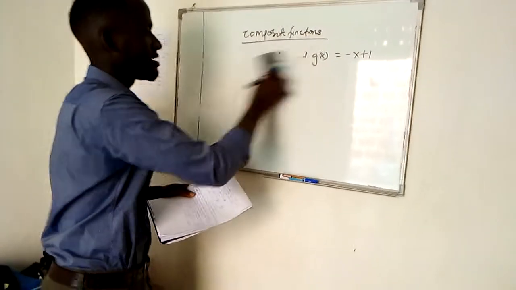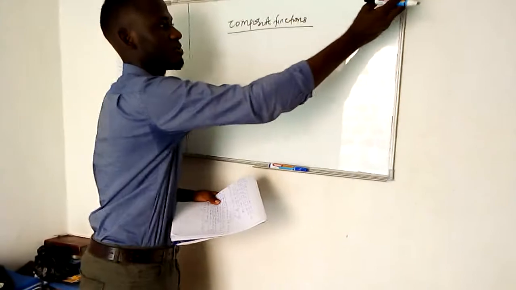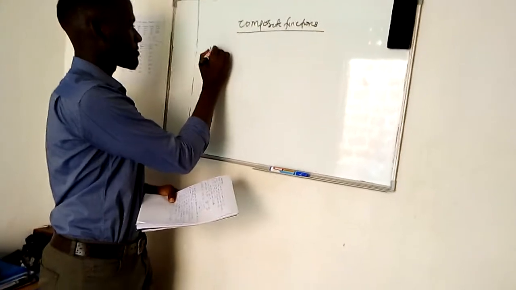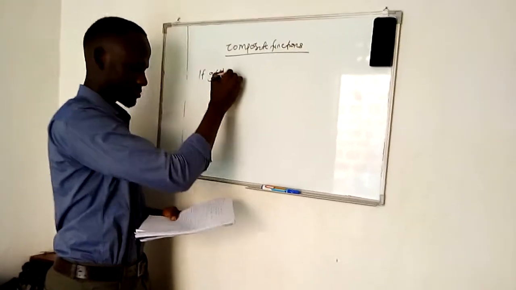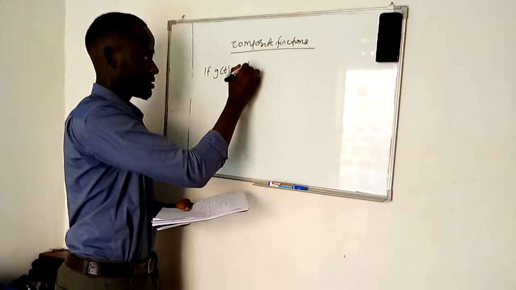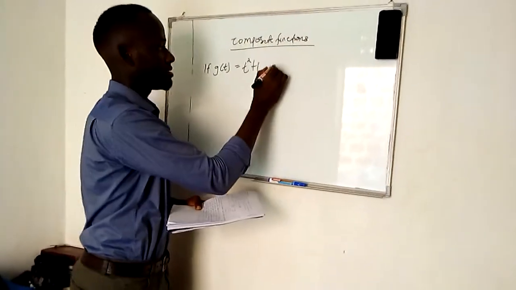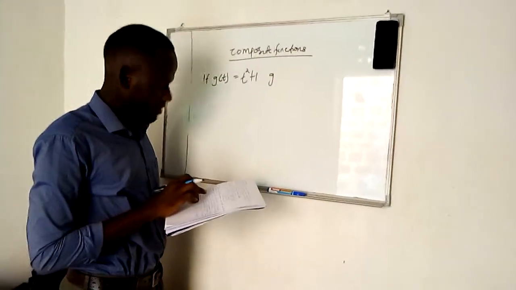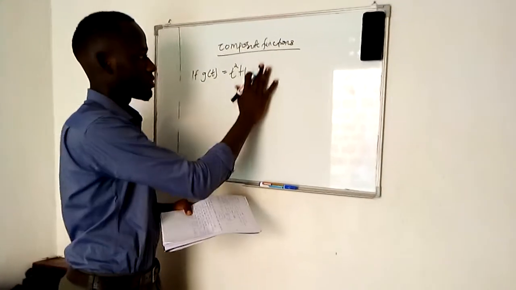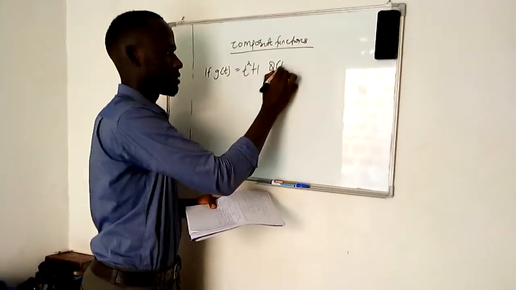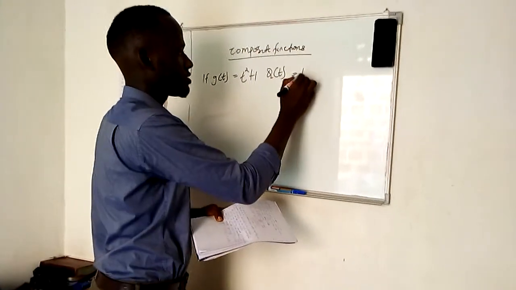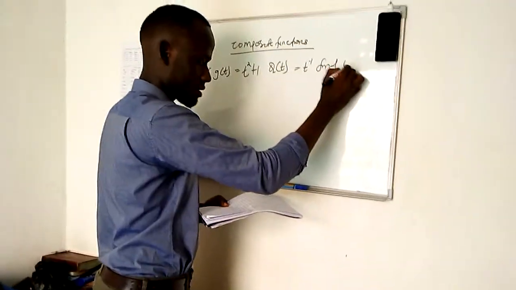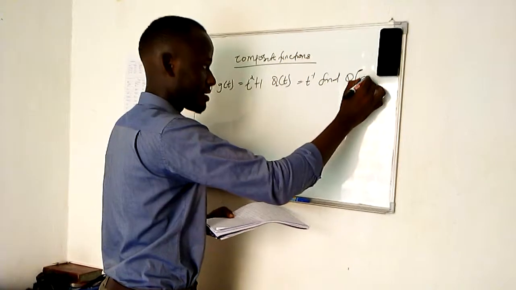Let us look at some other problem that you may encounter in the examinations. In the examinations, you can be given a question like this: if g of t is t squared plus 1, and q of t is equal to t inverse, find q into g of t.